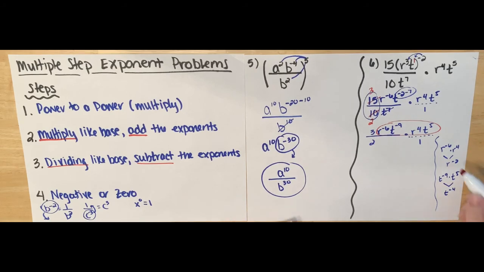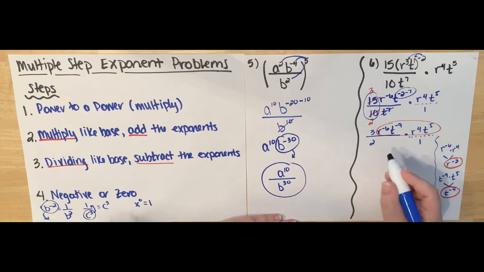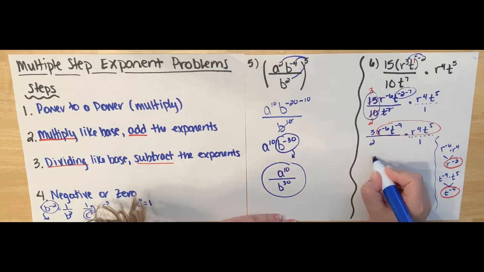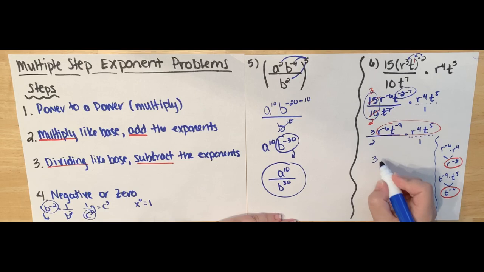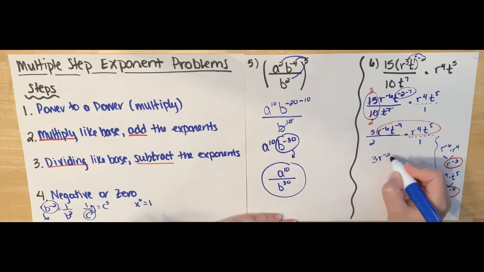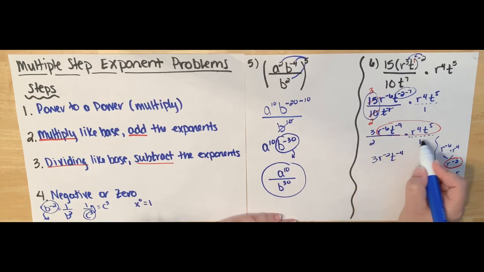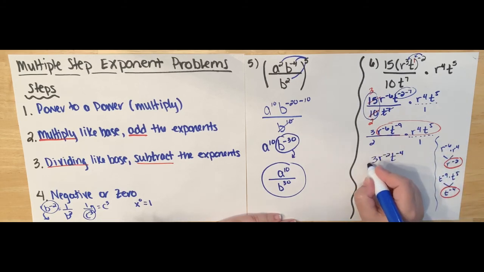So these are the ones that are going to end up in the problem after I combine the r and t bases. And if you see, they're all in the numerator, so they're going to remain in the numerator with the 3. So r to the -3, r to the -2nd, t to the -4th. And in the denominator, this is 2 times 1, so just 2.